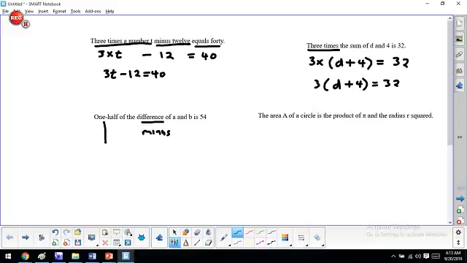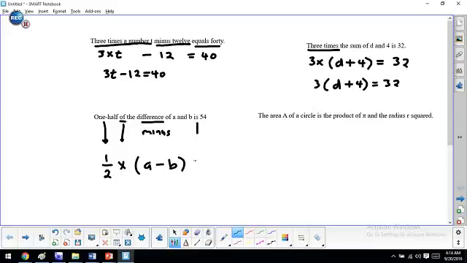We're taking 1/2 of, and "of" means multiplication. Now we're going to take the difference, which is the subtraction of a and b. Because it's 1/2 times the difference, we're going to put a and b in parentheses. You see where I put the minus sign inside of the parentheses.